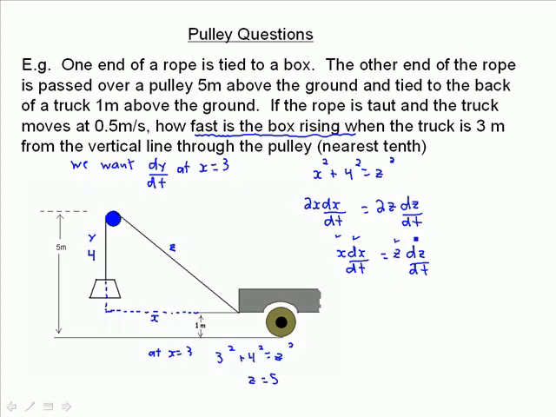And here we make an important connection. Because the rope is just one rope, the speed that y is going to be decreasing is exactly equal to the speed that z is moving. It has to, because it's the same rope being pulled.